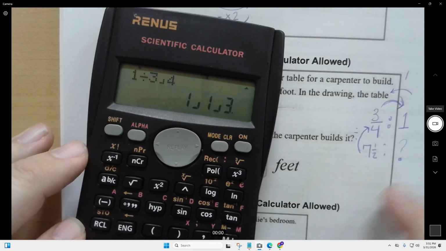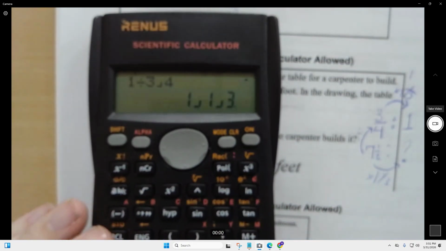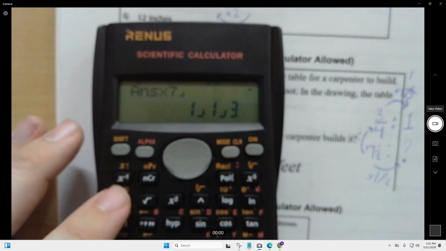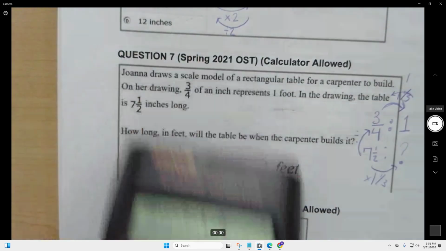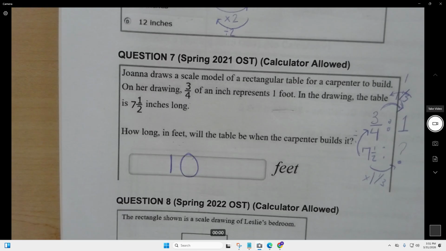And then, knowing that this is 1 1/3, you could multiply 7.5 by 1 1/3. Whichever way you want to. Times 7, ABC1, ABC2 for 7.5. You still get 10. All right.